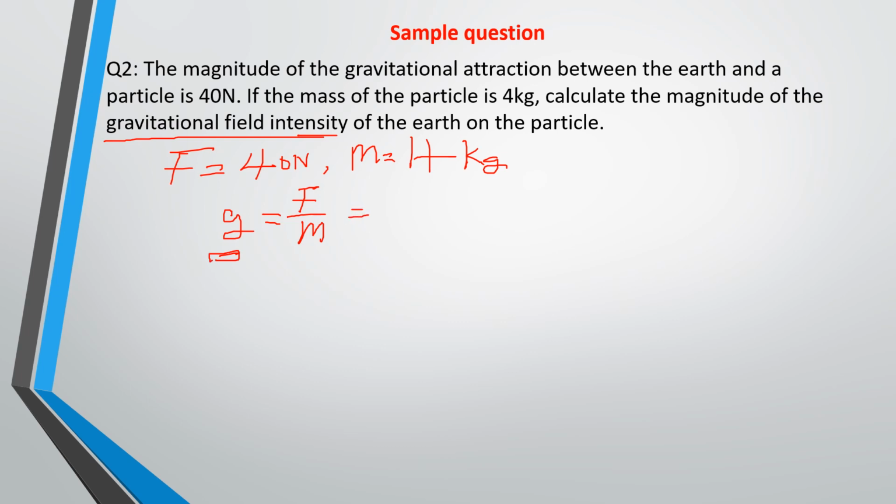So just put those values down. You say 40 over 4, and this gives you 10 Newton per kg. That's all. This is a simple question. It's equal to 10 Newton per kg.